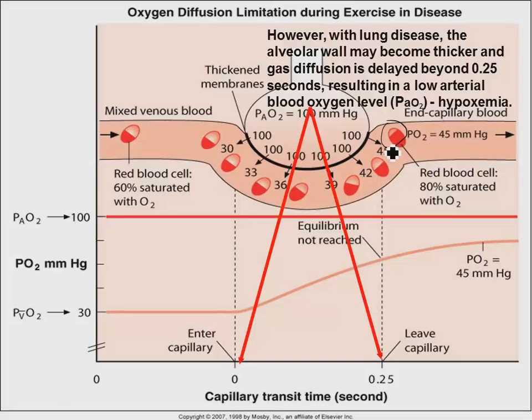And in that case, what you end up having is somebody who's hypoxemic. And that's the key part to remember. During exercise, during stress, during something that causes the cardiac output to increase and that transit time to decrease, the potential exists for a diffusion defect to be manifested and hypoxemia to develop.